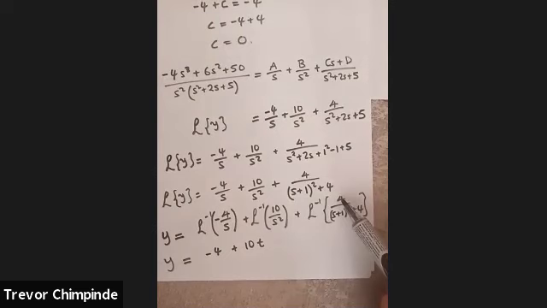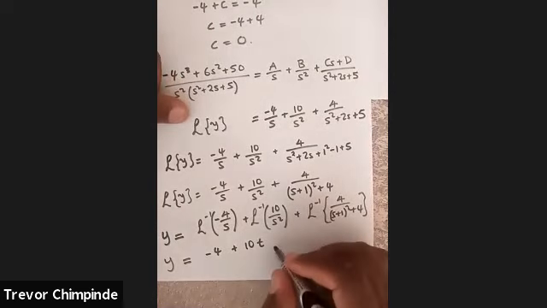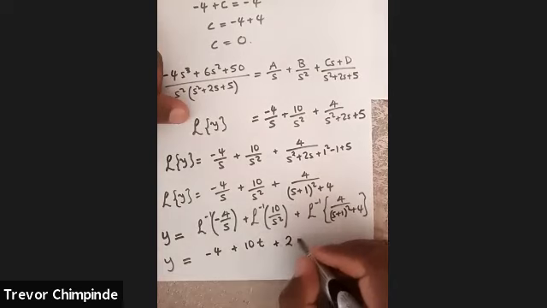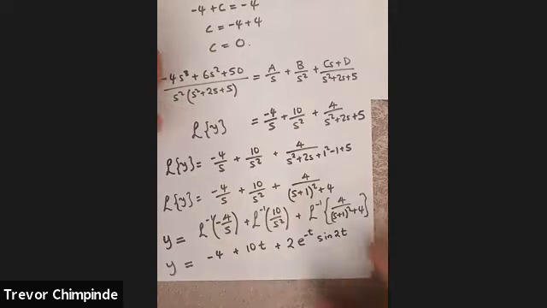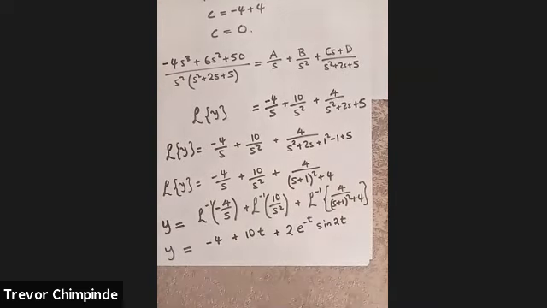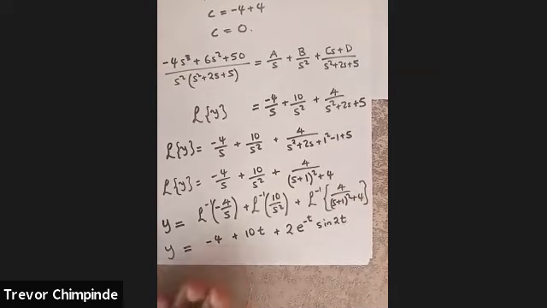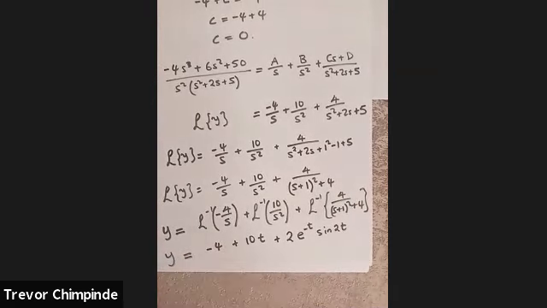What we need is just a 2 here, so we can factorize a 2, and it's shifted by 1. So it will be plus 2e to the minus t, and then the sine of 2t. Is this correct? Any comments or questions?